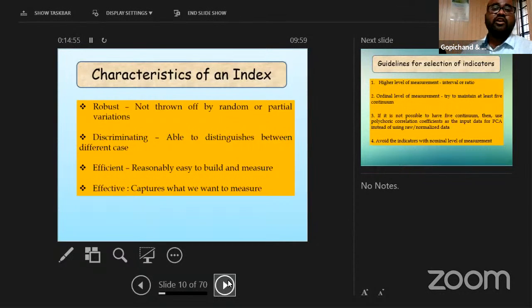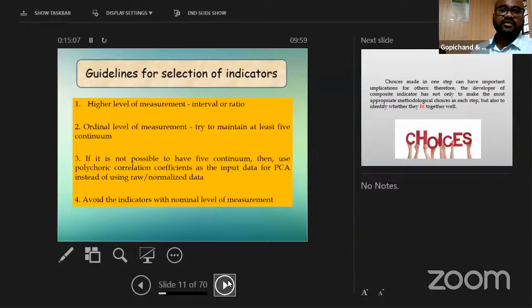It is not affected by random and partial variations. It discriminates between the cases, is efficient to build and measure, and is also effective in measurement. Here are the guidelines for selection of indicators. A higher level of measurement indicator should be selected, that is, interval to ratio scale we can select.